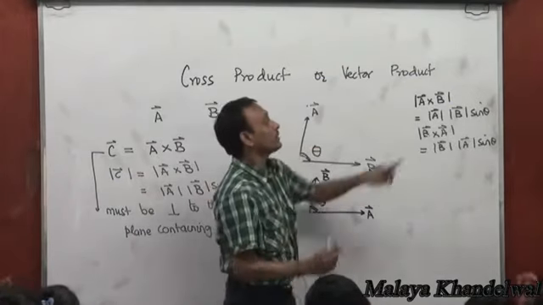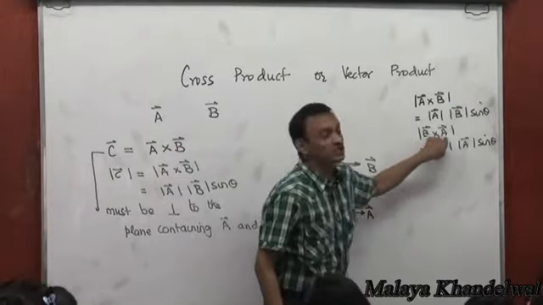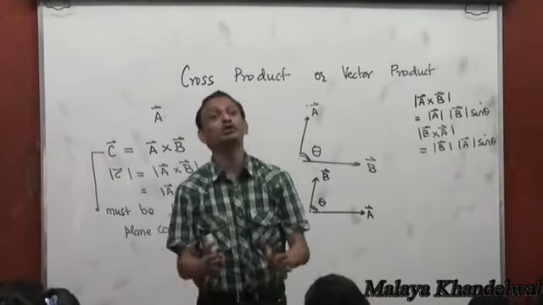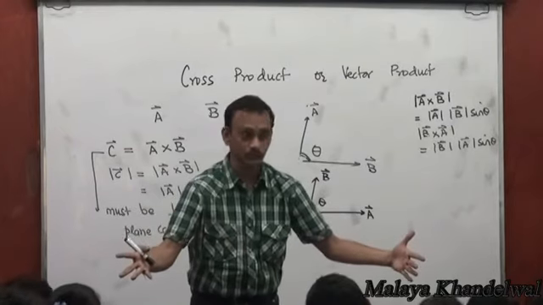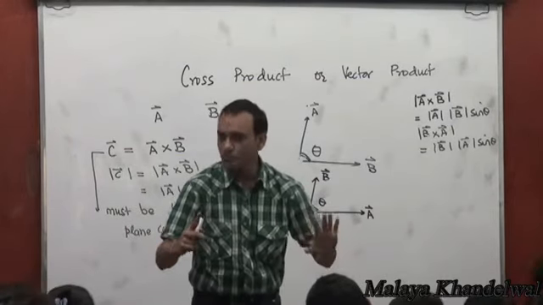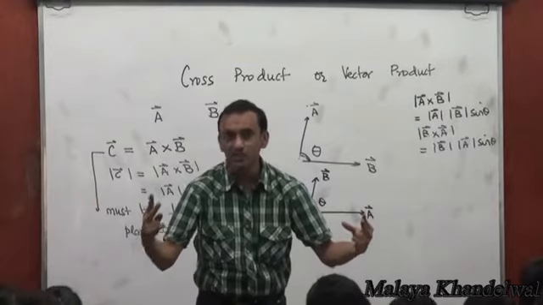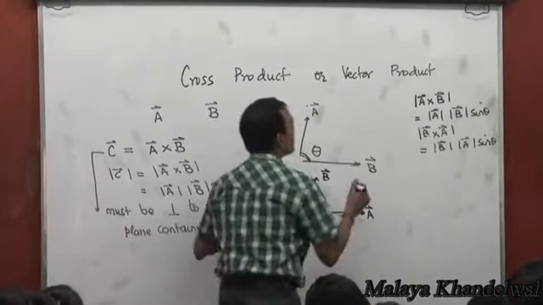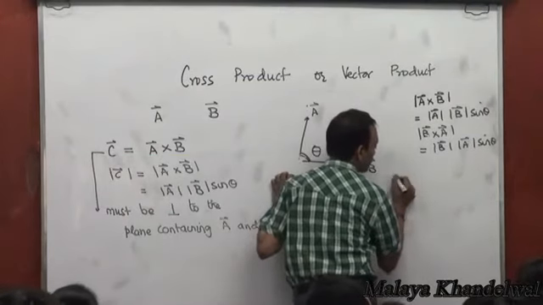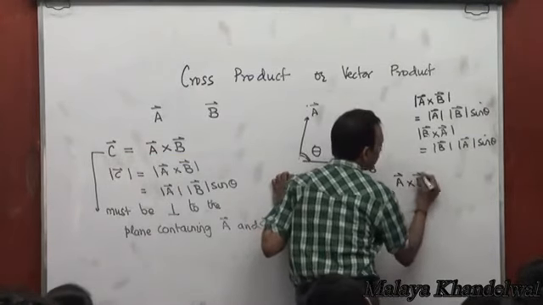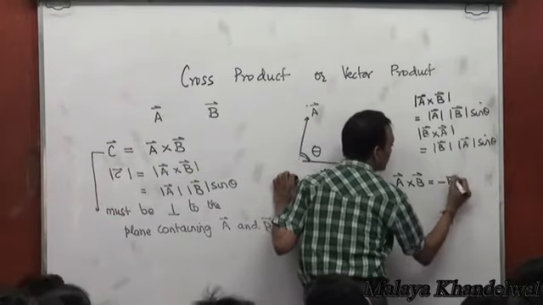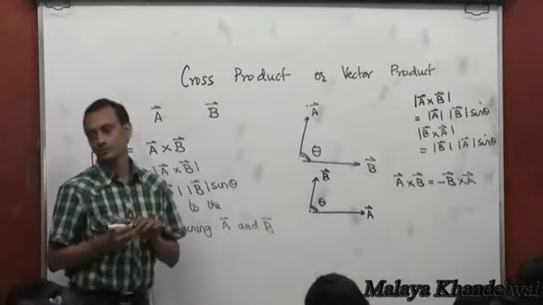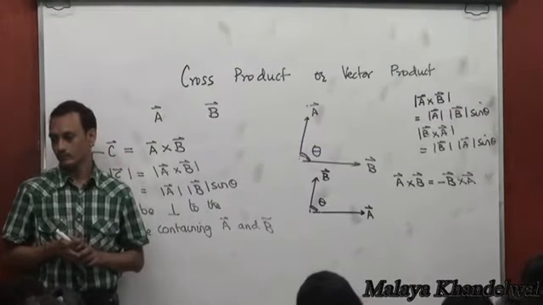Which means A cross B and B cross A are two vectors having the same magnitude but opposite directions. Yes or no? Which means A cross B will be minus of B cross A. Always.